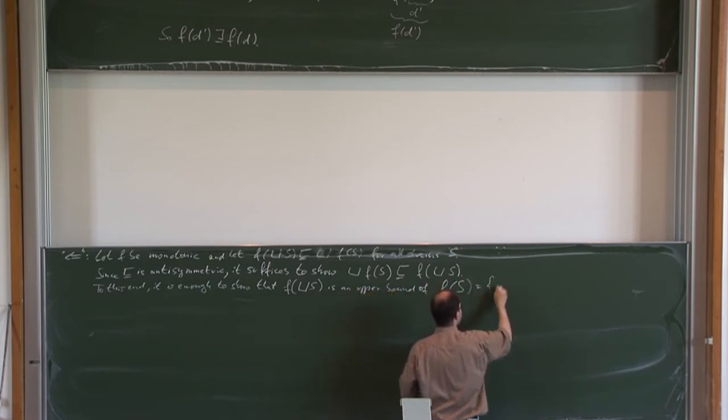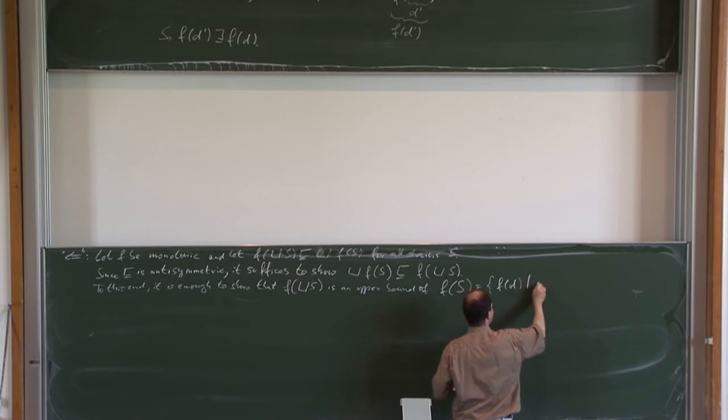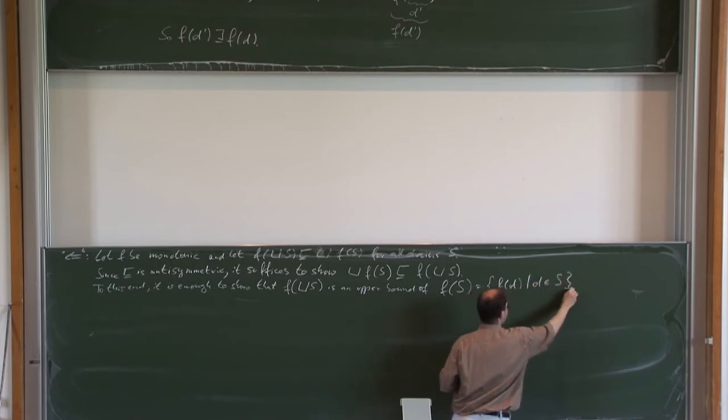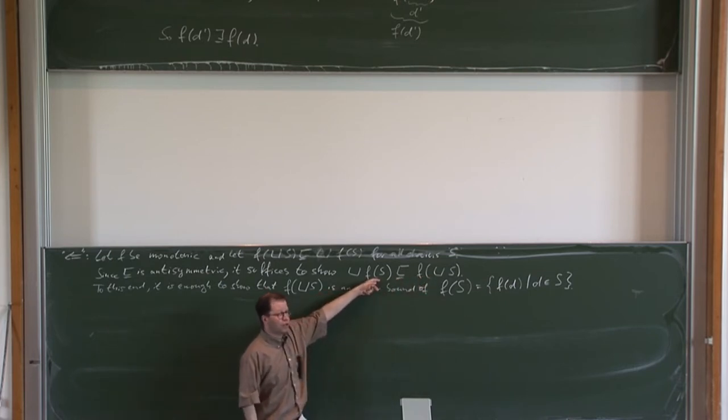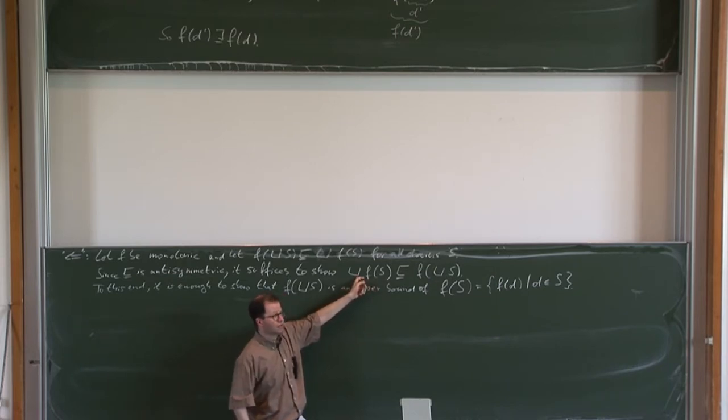So of the set where we have f applied to d for all elements d of s. The reason is that if this is an upper bound of the set over here, then it must be greater or equal to the least upper bound. Since this is the smallest upper bound, so every other upper bound must be bigger.